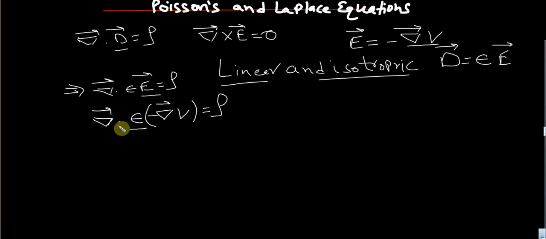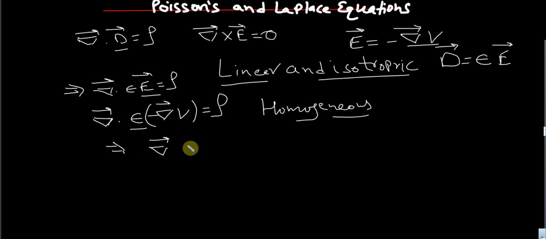So epsilon is independent of the space variation, and for that we can take it out of this divergence. Only if the medium is homogeneous can we take it out of the divergence.